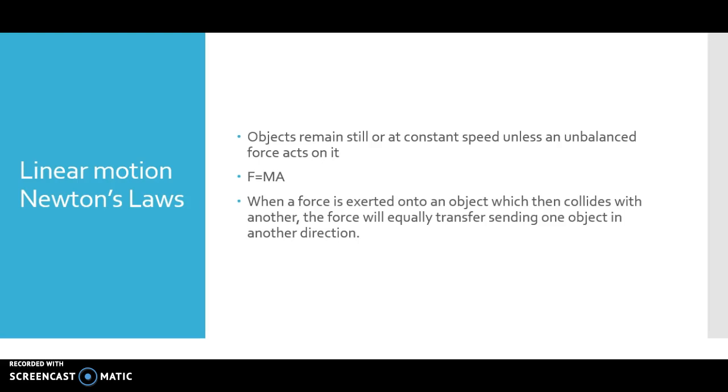This is basically where objects remain still or at a constant speed unless an unbalanced force acts on them. If an athlete was running at a constant speed, and then somehow they slow down due to maybe wind conditions, that would be the unbalanced force. That would slow them down, because there'd be more of a force on one side than the other.